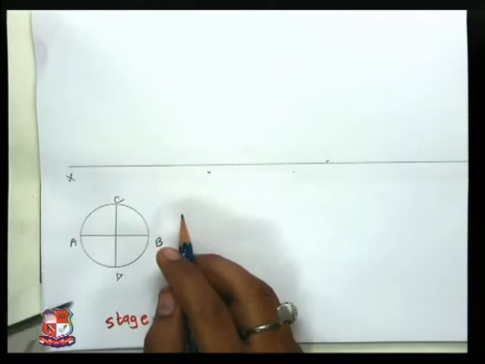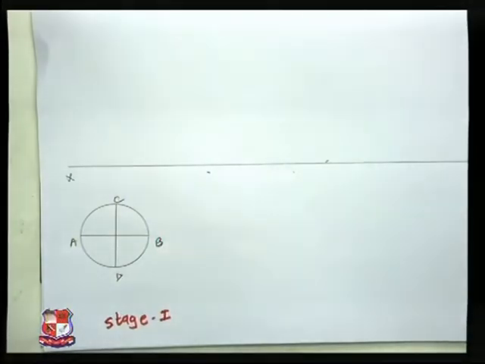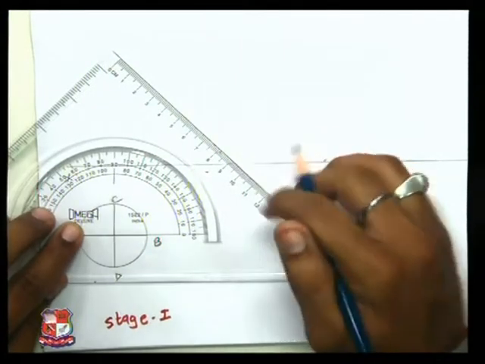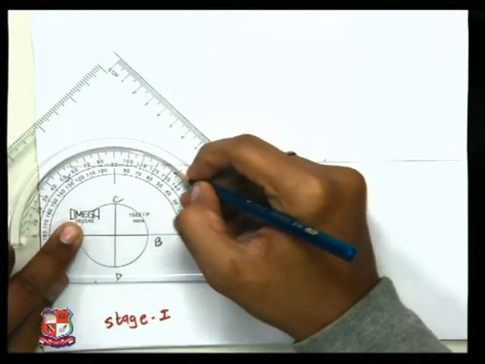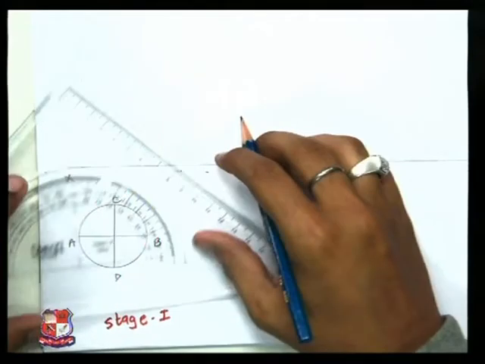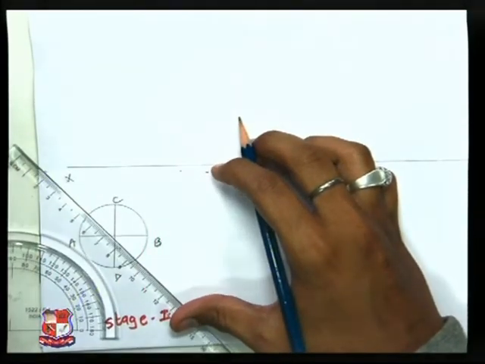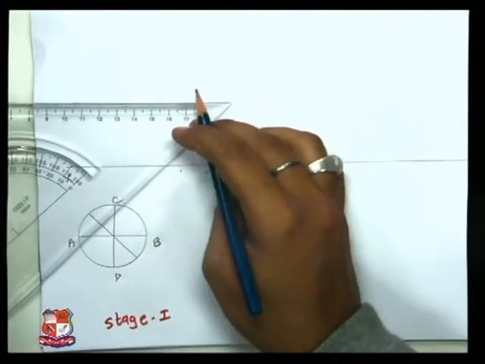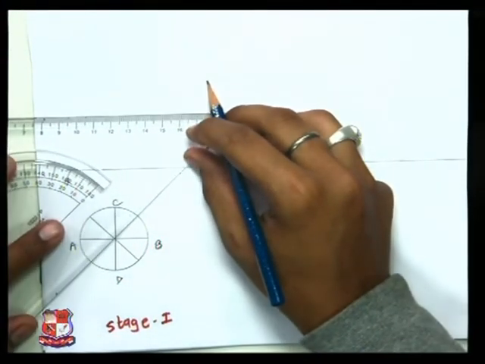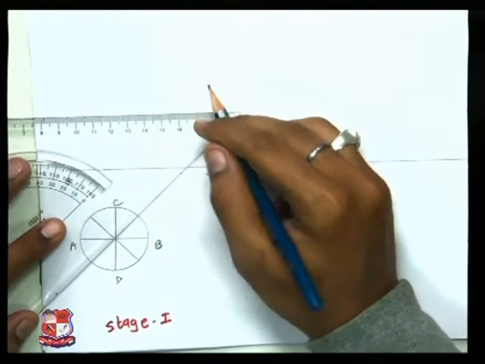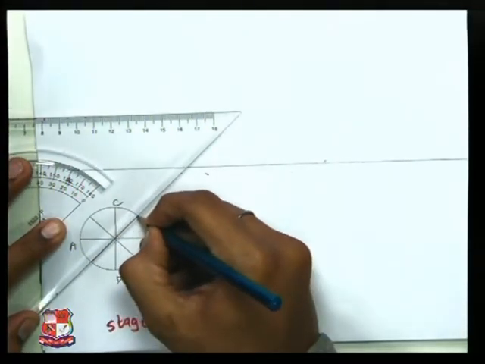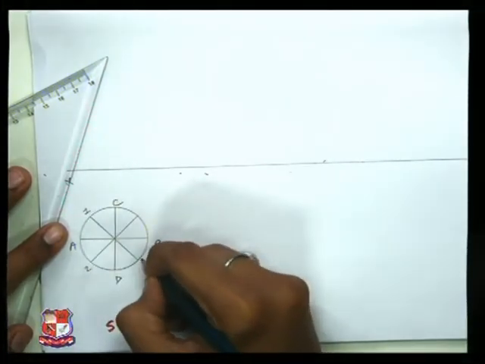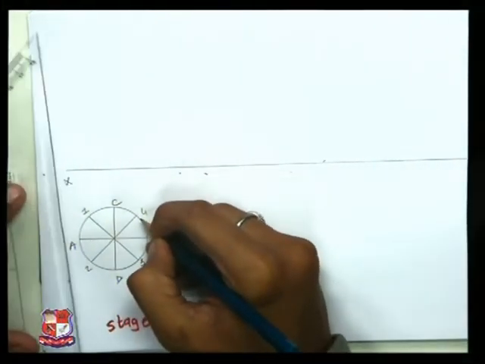Now we will divide this circle into a total of 8 equal parts, which means 45 degrees each, so that we can trace the plane properly and a proper curve can be achieved. Taking it as 1, 2, 3 and 4.